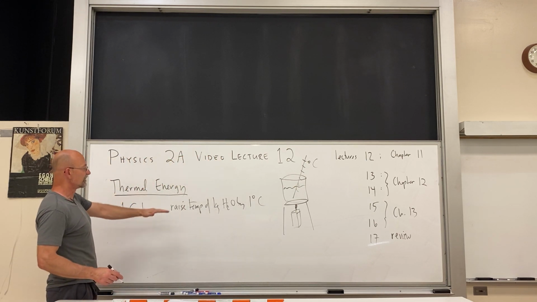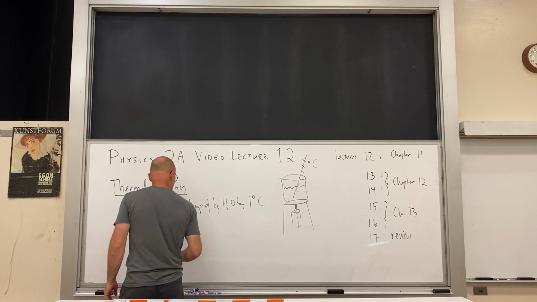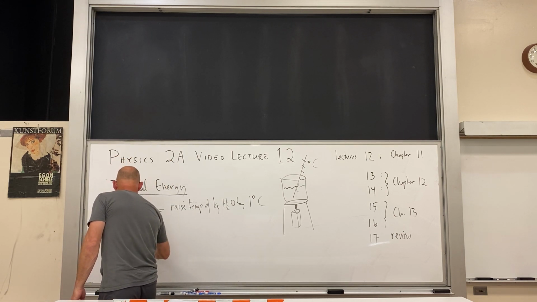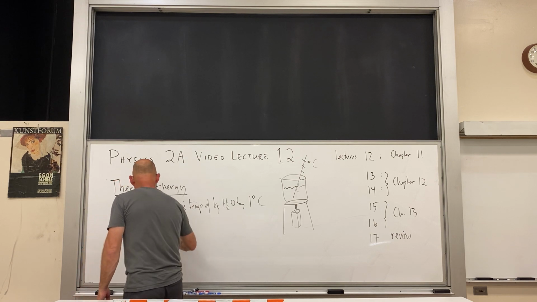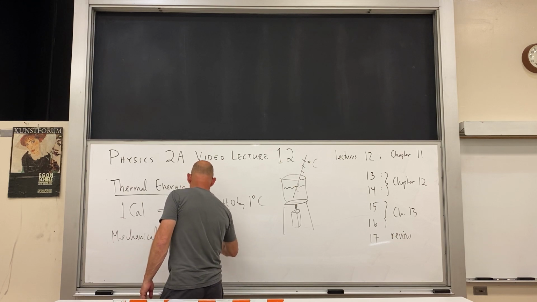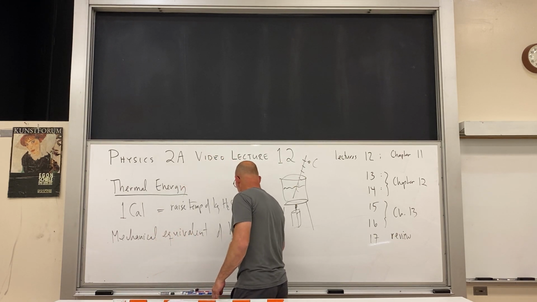So after we talked about that form of thermal energy, then we had the mechanical equivalent of heat. And this is a very important concept, so I'll write it out here.